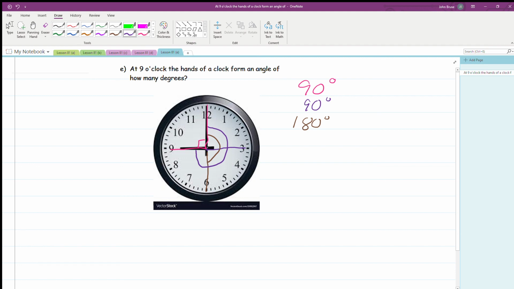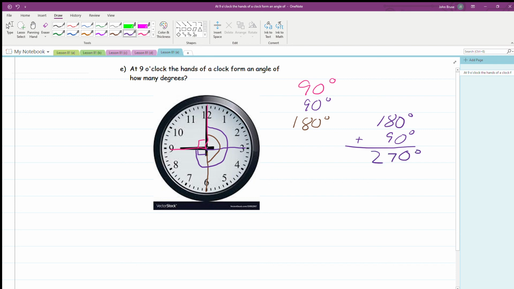So if I know that from 12 o'clock to 6 o'clock is 180 degrees, and then I know that there's a right angle here, that's another 90 degrees, we could say that really the angle is going to be 270 degrees.